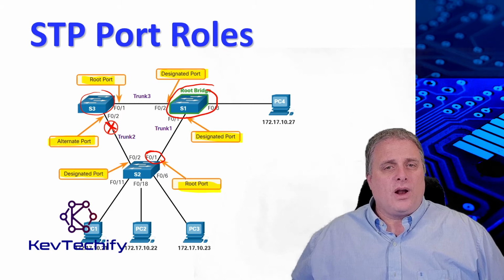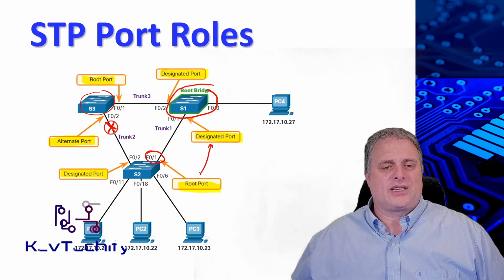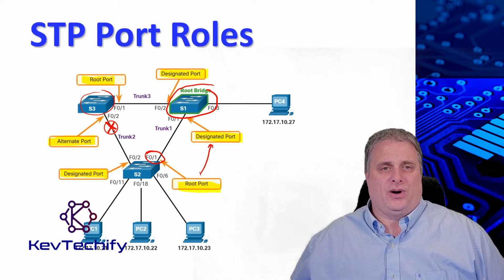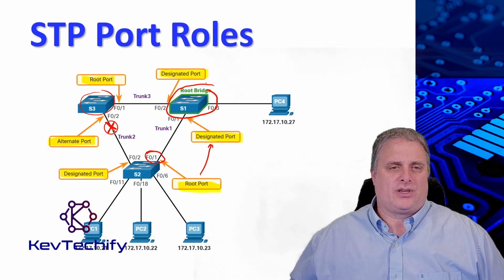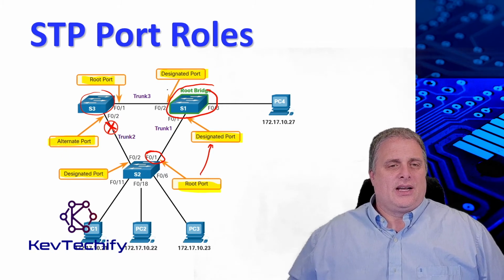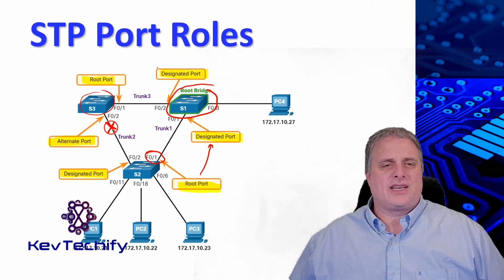And so if one end is a root port, then the other end is the designated port. Because this is the root here, this makes the other end of this connection a designated port. All ports on the root bridge are designated ports. That's the other thing: all ports here on the root are designated ports.